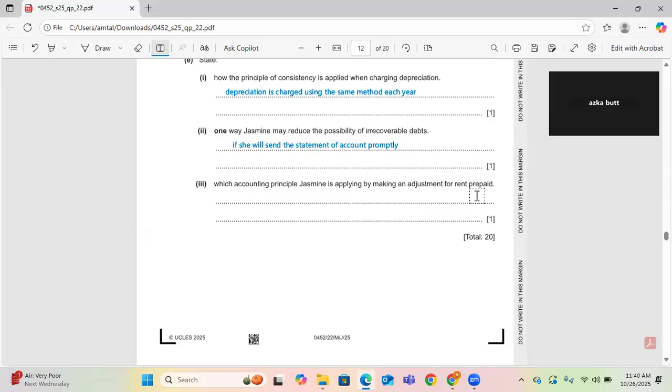So the amount which we have paid for the next year should not be included in this year's expenses, because we just want to match the expenses with the revenue that we have earned, where these expenses basically played a part. Since this is the prepaid rent, it's not relevant to this year. It will be used in the next year. That's why it doesn't have any part in earning that revenue. So that's why Desmond is following the matching concept.